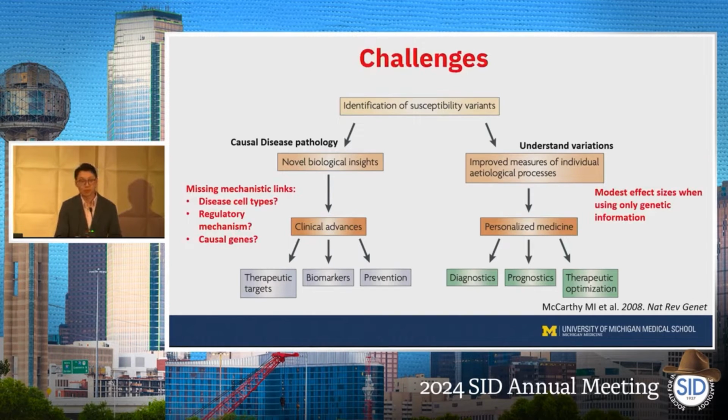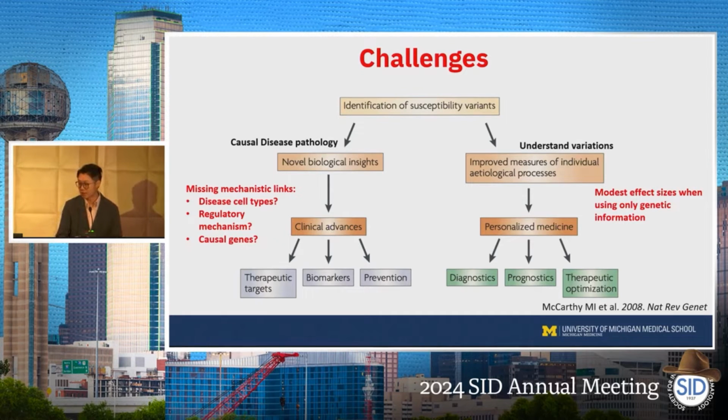But we are facing different challenges. For the first aim, we now know that most of these disease variants are non-coding. So you want to understand the potential cell types involved, the gene targets they're going after, and the mechanism. Using genetic data alone is not enough.